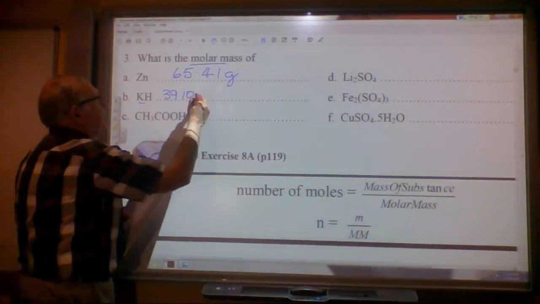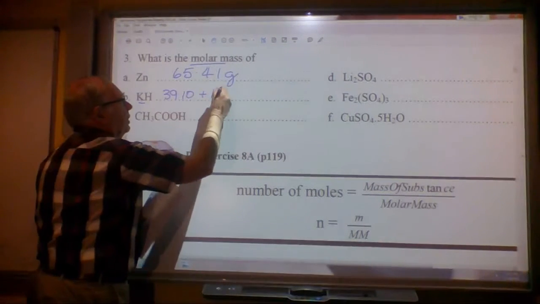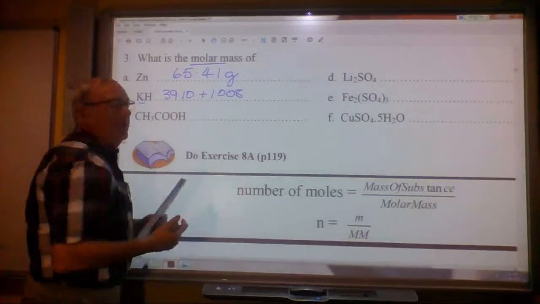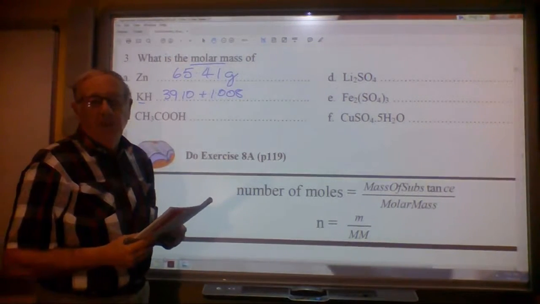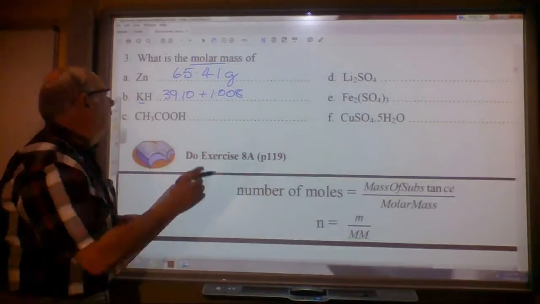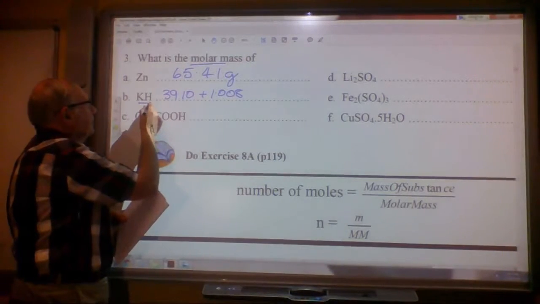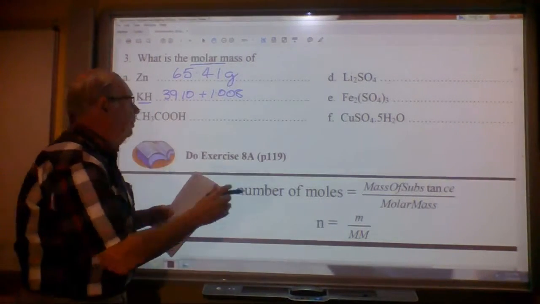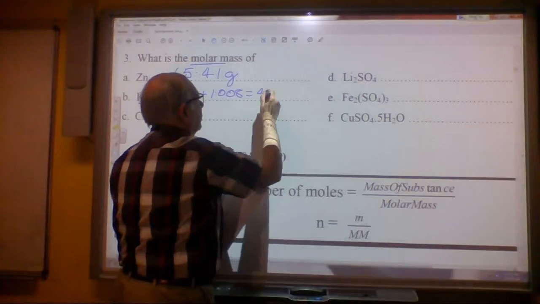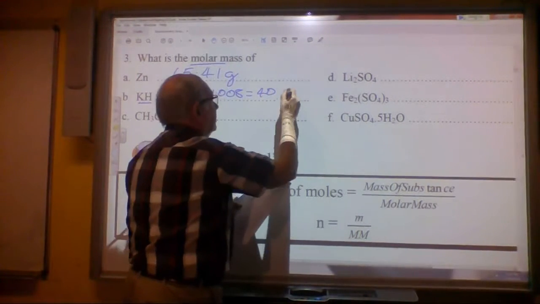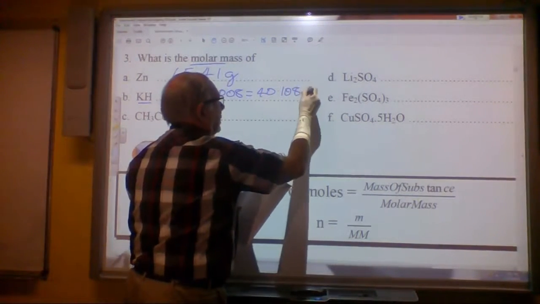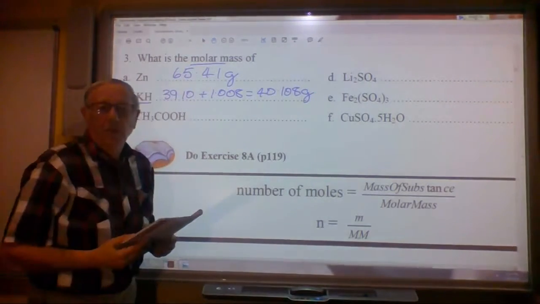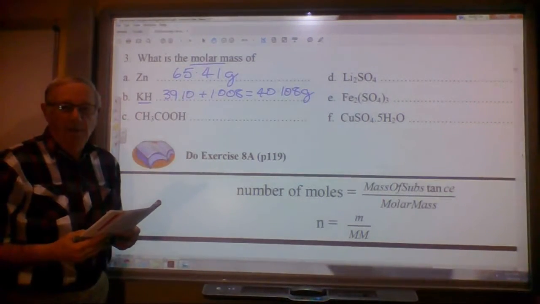Now for hydrogen, that's 1.008. So our molar mass for potassium hydride, and that's what we call this, potassium hydride, that would be equal to 40.108. Again, units in grams.